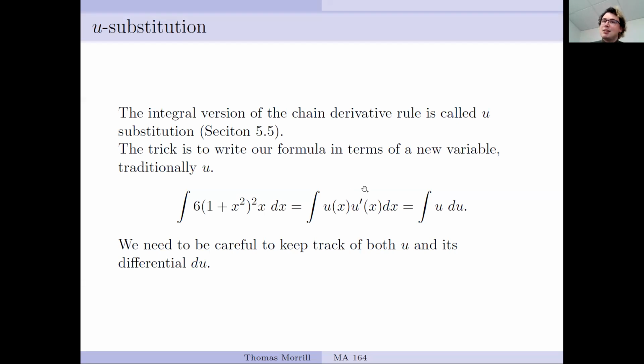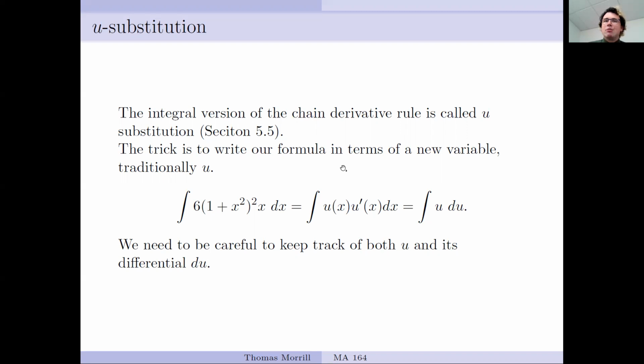And that means that my function u is also going to have a derivative, u prime of x. That gets shoved under the rug a lot, but it's important for what I'm doing here. So you can think of this as sort of a change of variables. And when I do my change of variables, I also have to keep track of the differential. That's the dx on the end of my integral.